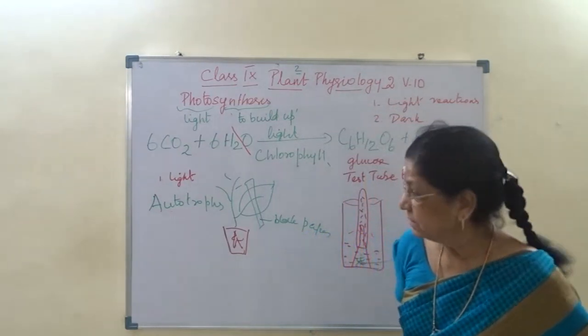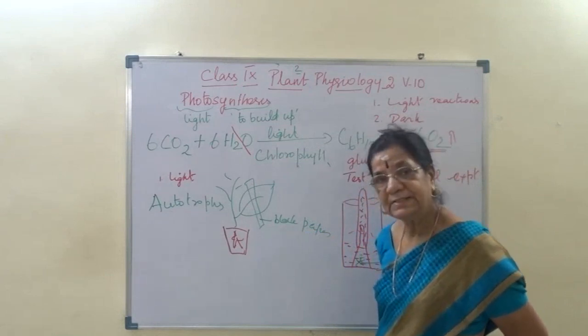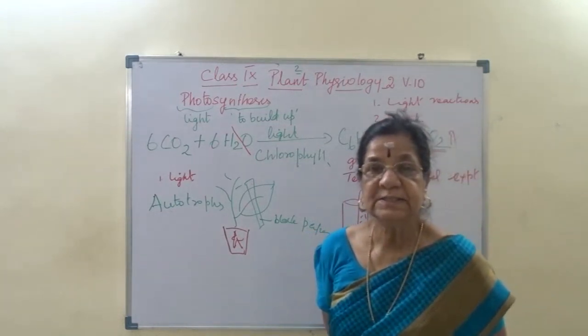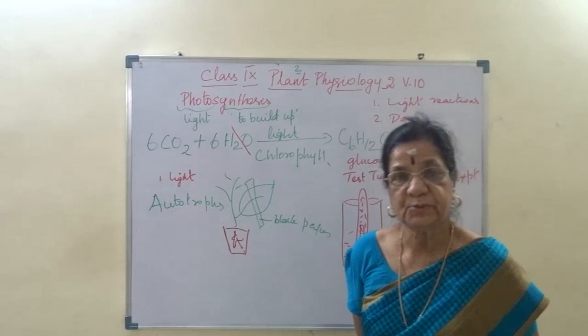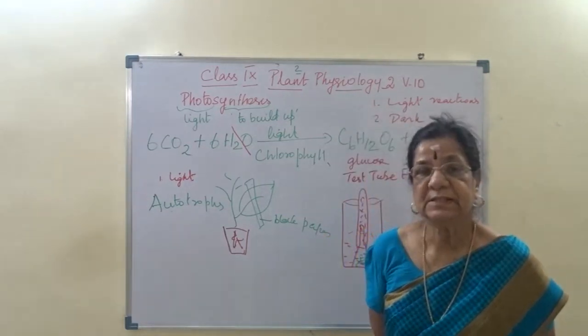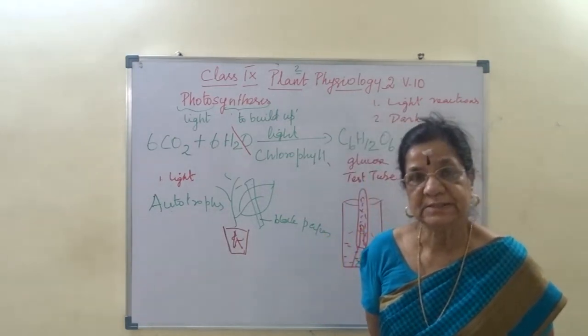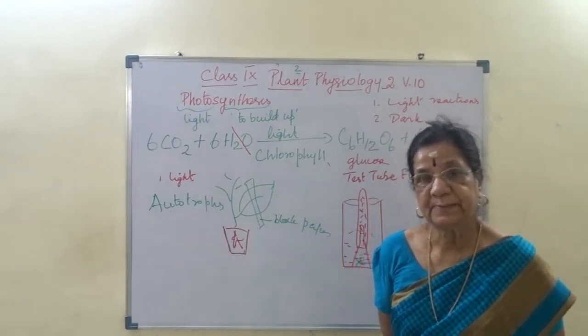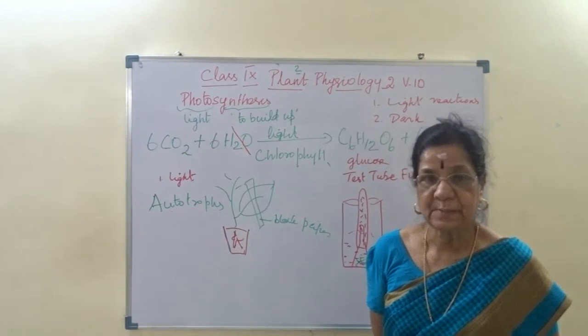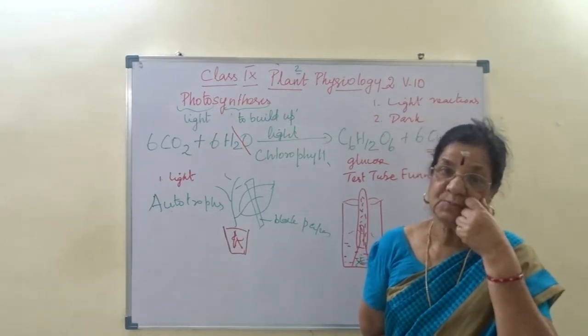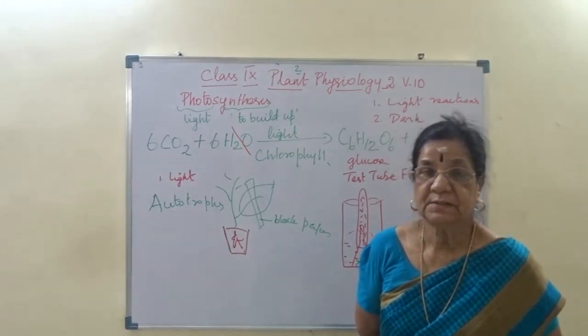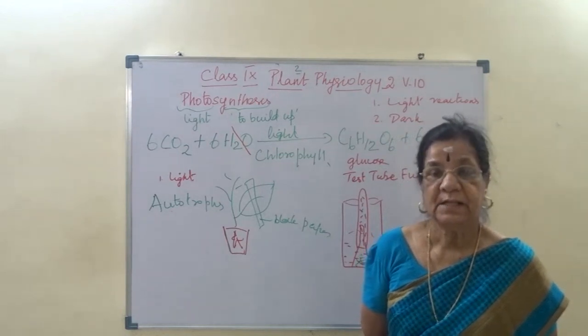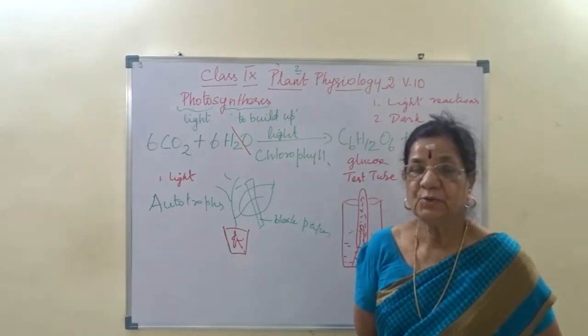And nutrition of plants which can prepare their own food is known as autotrophic nutrition. One process, that is photosynthesis. Whereas heterotrophic nutrition has different types as parasites, saprophytes, insectivorous plants, and symbiotic association. That we are not going to deal with now.